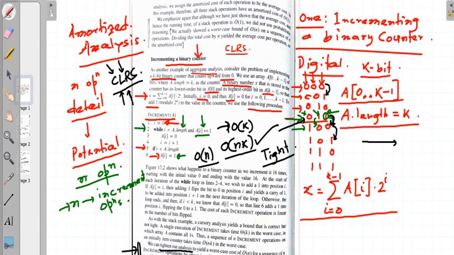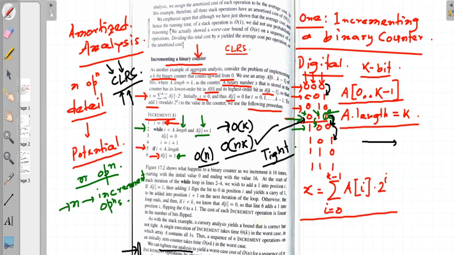So that is what we have observed: not all bits flip each time increment is called. Now you see, as figure 17.2 shows, in the next slide we have shown one figure.